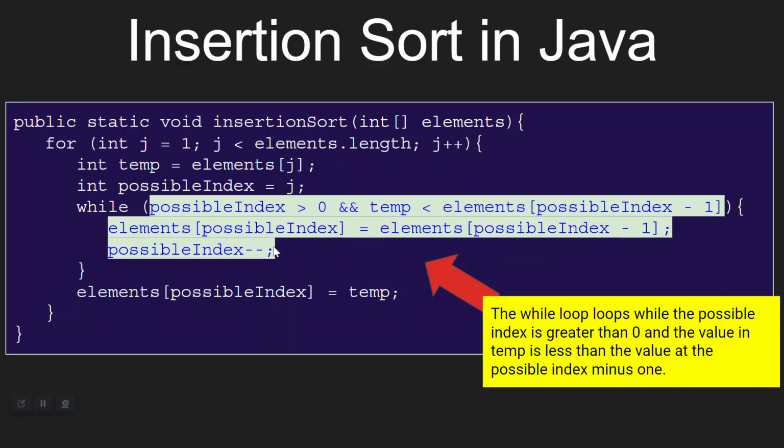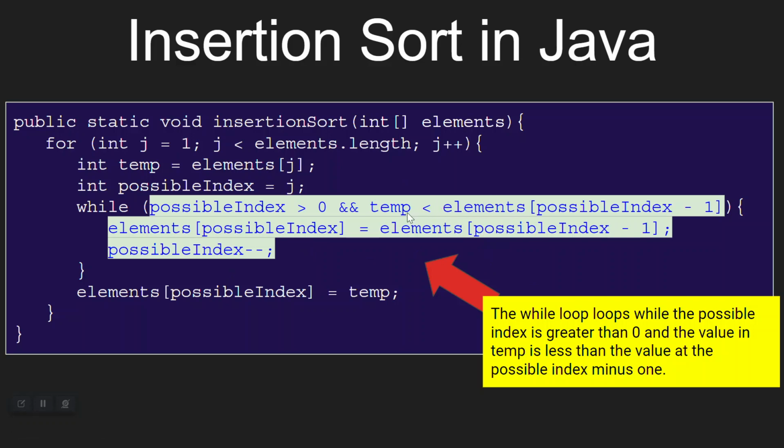needs to go backwards. So the while loop loops while the possibleIndex is greater than 0 and the value in temp is less than the value at possibleIndex minus 1. So again, it's looking backwards and saying, is there anything previous to it that is larger than what I'm currently looking at?